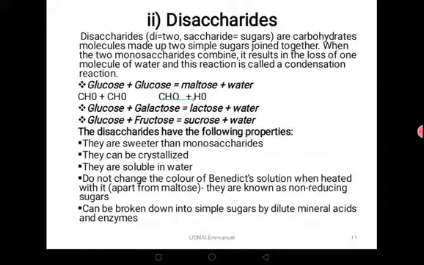One, they are sweeter than monosaccharides. Remember we said monosaccharides have a sweet taste, but disaccharides are sweeter. Yes, I want you to do this experiment. You buy a glucose in the shop, buy that glucose in the packet, and also get a spoon of sugar at home, which is sucrose, which is a disaccharide, and test them one after the other.